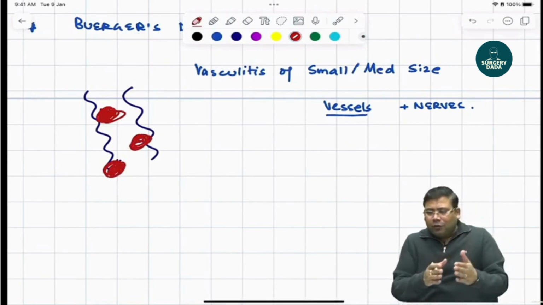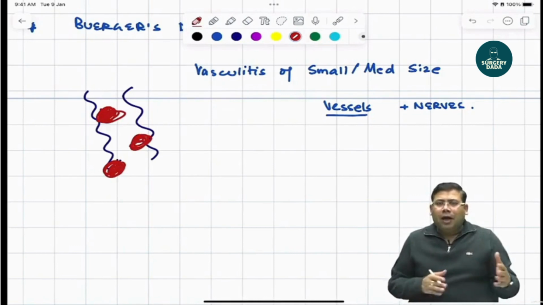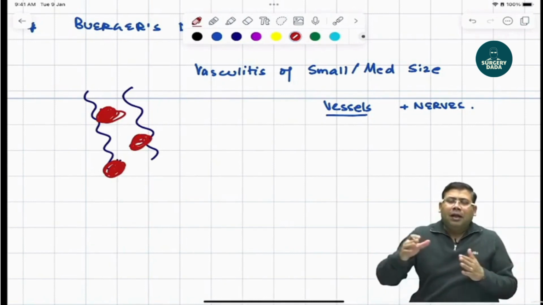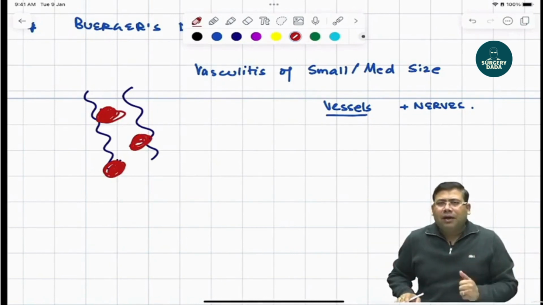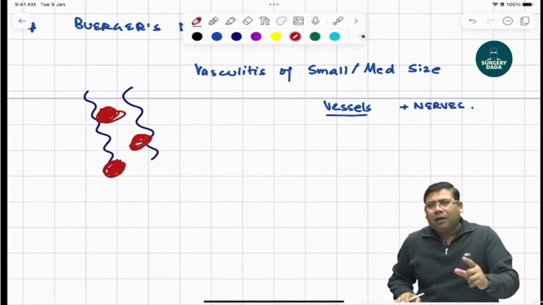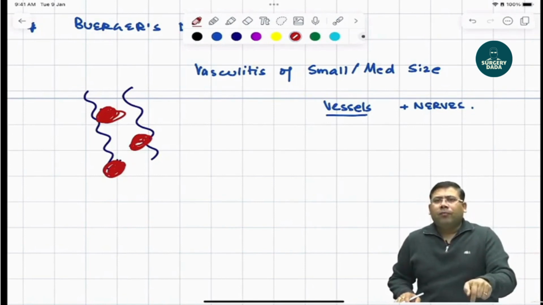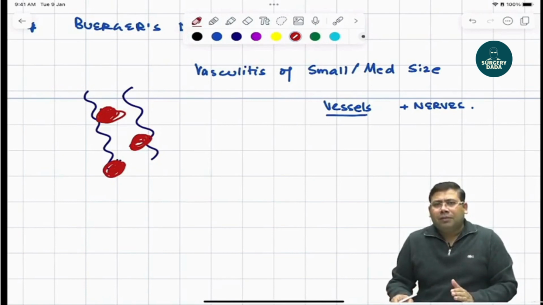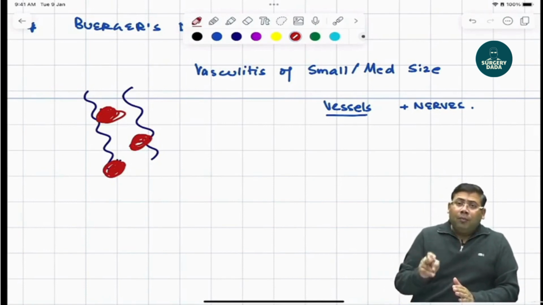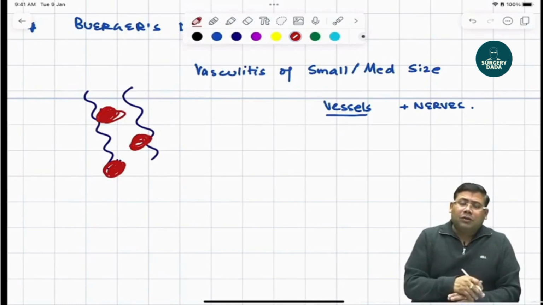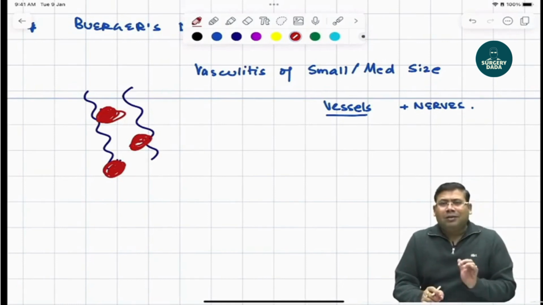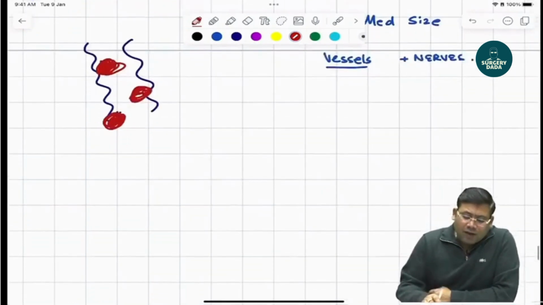So you don't have a uniformity of the lesion, you have lesions affected at multiple places, and that is why there is no definitive cure like a bypass in Buerger disease with associated peripheral arterial symptoms. Remember, normally if you have chronic atherosclerosis, you can do a bypass, but not in these patients because of the presence of what? Skip lesions.